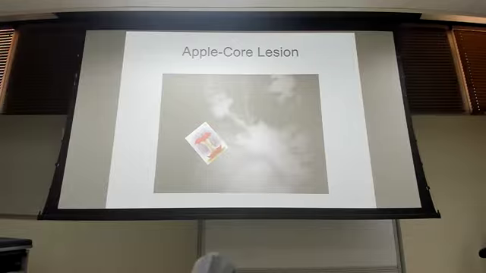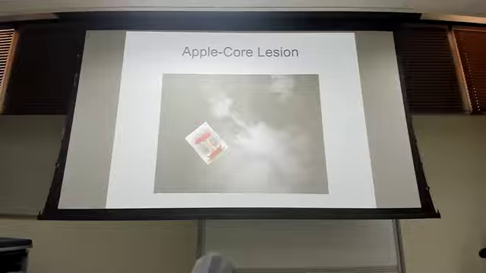Here's that pathognomonic finding of the apple core lesion. So basically, it's a constricting mass. We've got the lumen of the bowel shrunken down to about a fifth or less of what it should be because of a constricting mass.